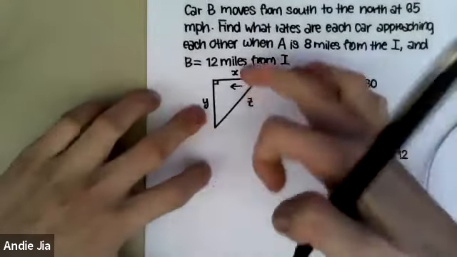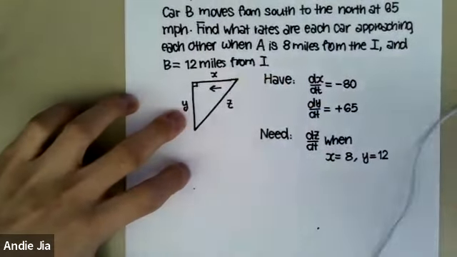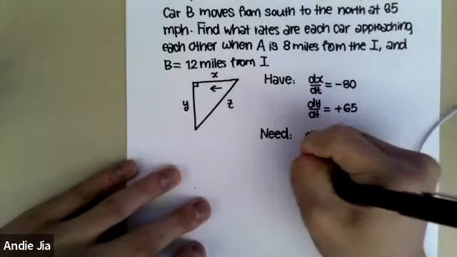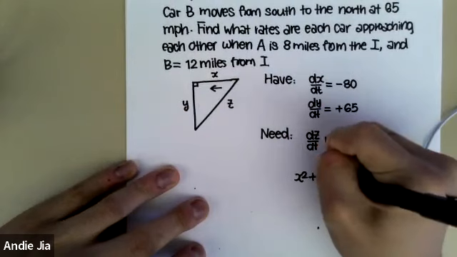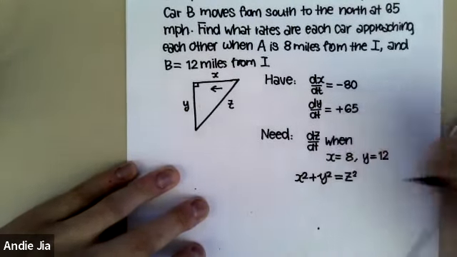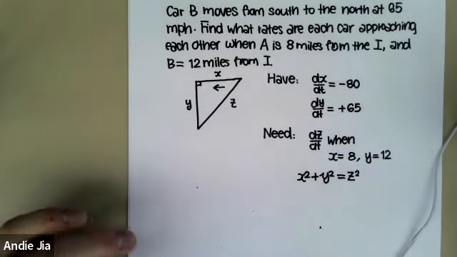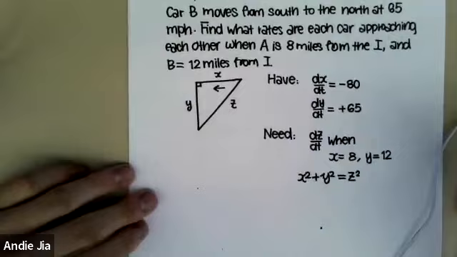Now we have the Pythagorean identity: x squared plus y squared equals z squared. We need to find z.